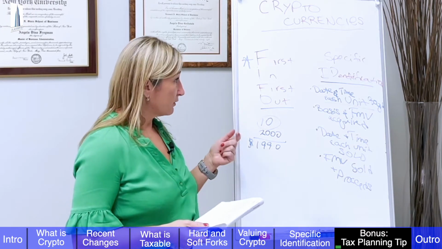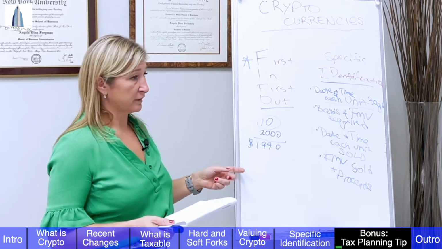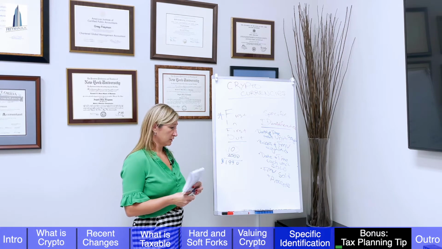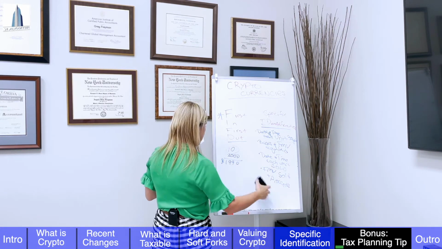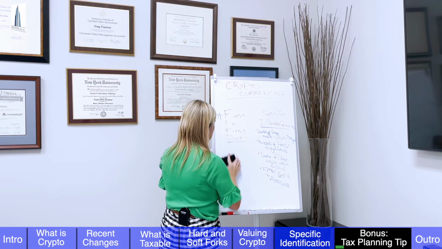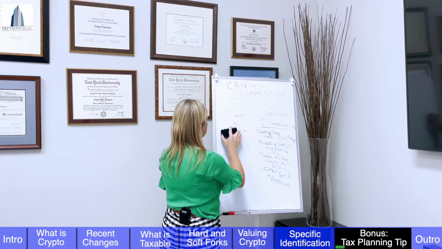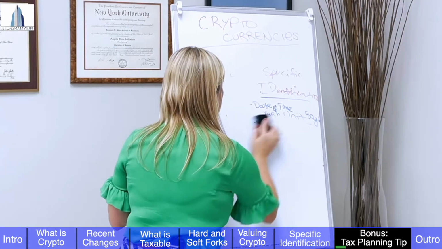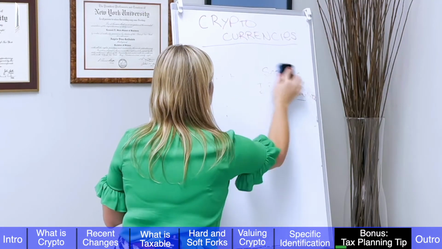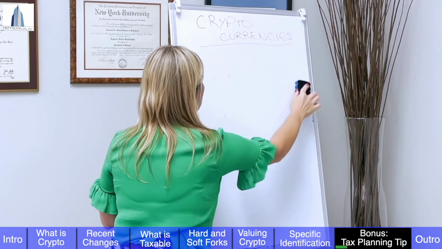So we're talking about appreciation earlier, and what happens if your cryptocurrency has greatly appreciated in value? If you sell it, you're subject to capital gains taxation, whether it's short-term or long-term.